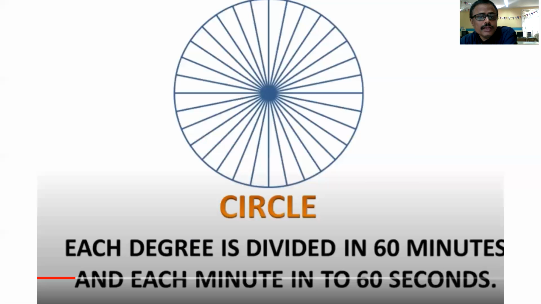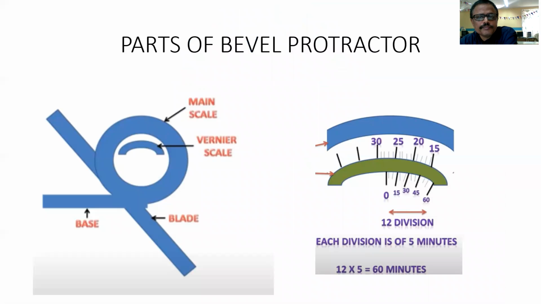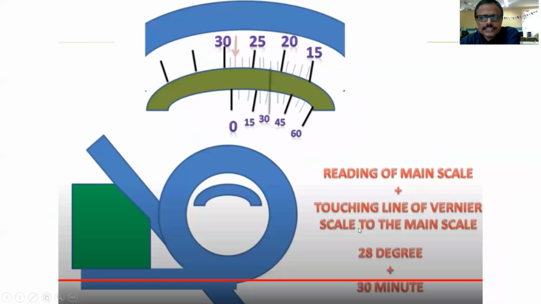This is the basic principle on which it works. Then you should know the method of taking readings. This formula you should remember: whatever the protractor, the reading is the main scale reading plus the coinciding vernier division.